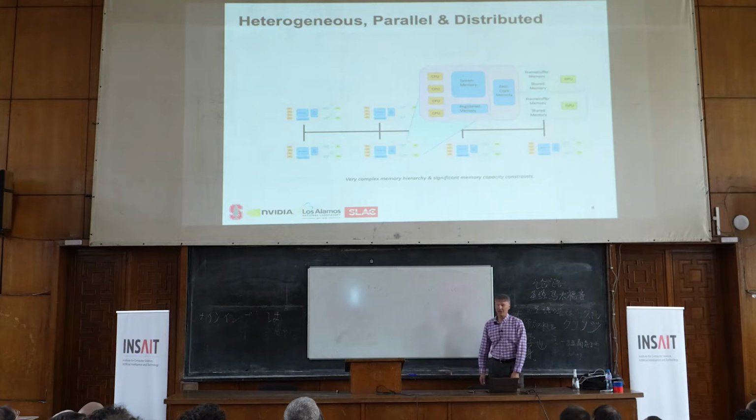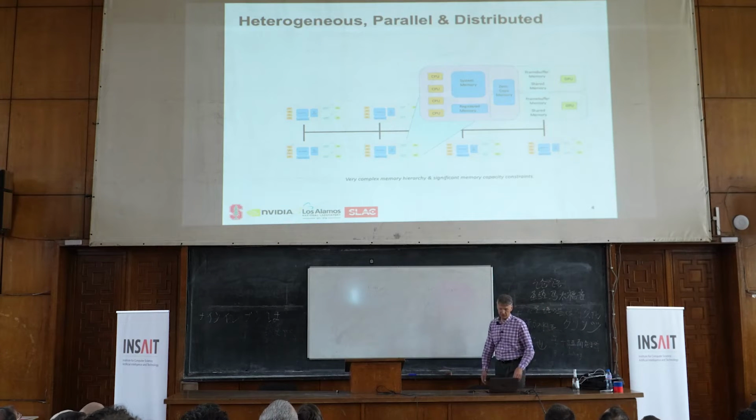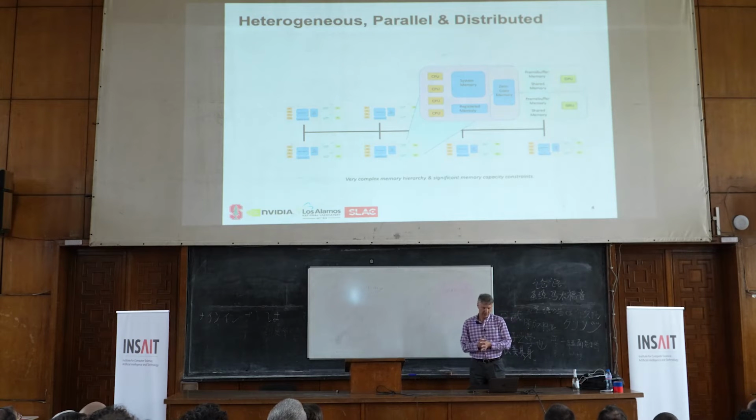And so what exactly am I talking about? Well, here's a little picture of what these machines look like, and maybe you can't see the screen or read it too well. But this is lots of different machines essentially tied together with a network. But then inside of each quote-unquote machine is a whole hierarchy of more machines.